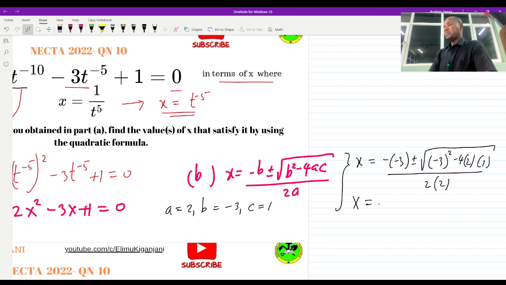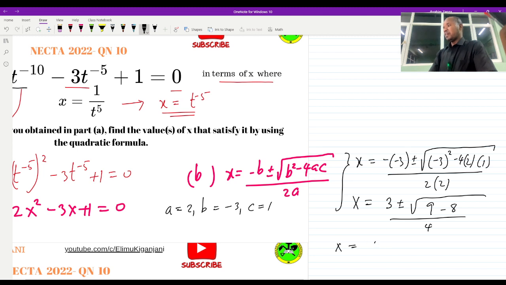So x will be positive 3, of course. We'll have 3 plus or minus the square root of 9 minus 8, divided by 4.